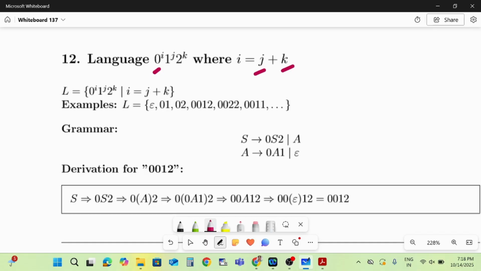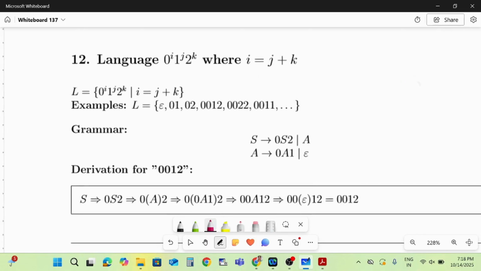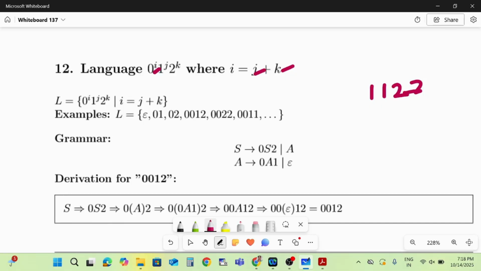So here, if you have 1 to the power of 2 and 2 to the power of 2, then 4 zeros should be coming, 4 zeros for 2 ones and 2 twos like this.